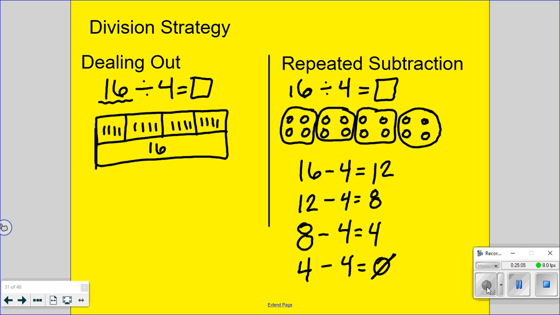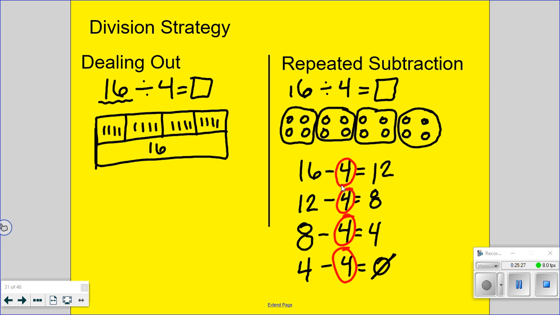How many groups did I make? Maverick, how many groups did I make? 4. And I can see it right here, see? Here's one group of 4, circle it. Here's one group of 4. Here's one group of 4.